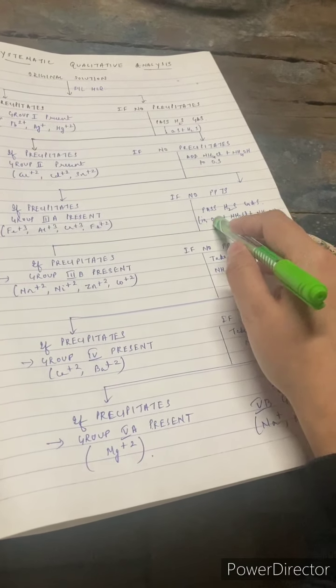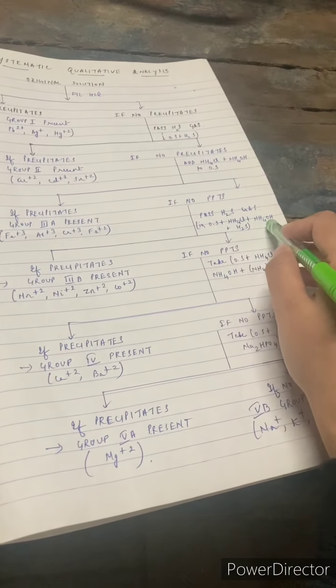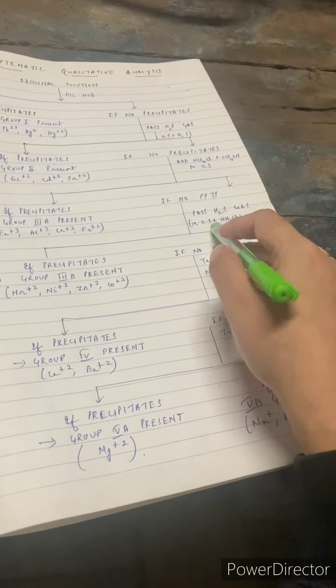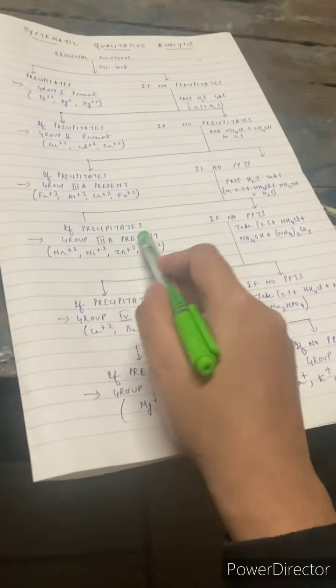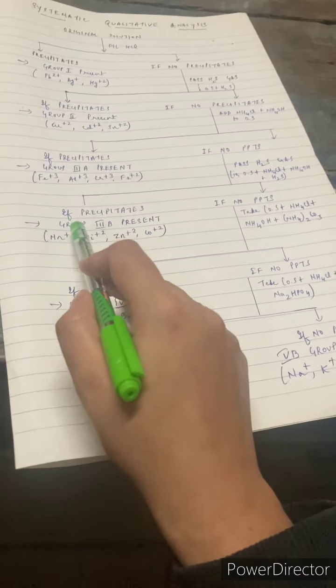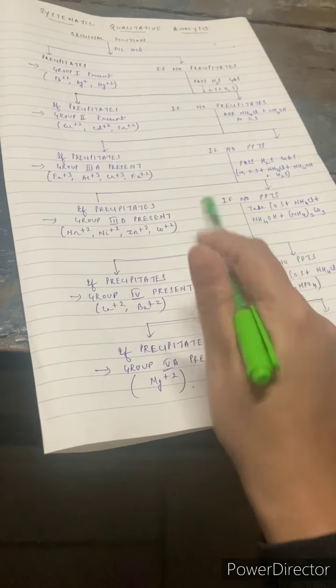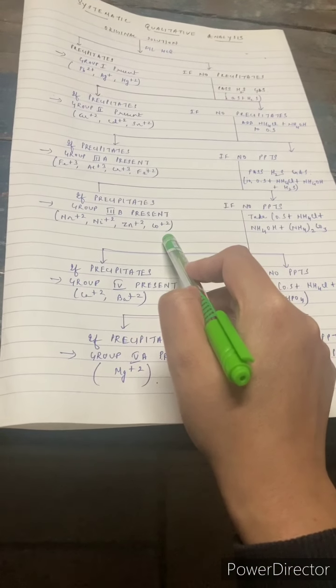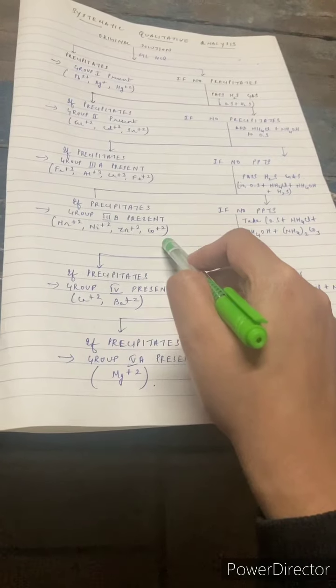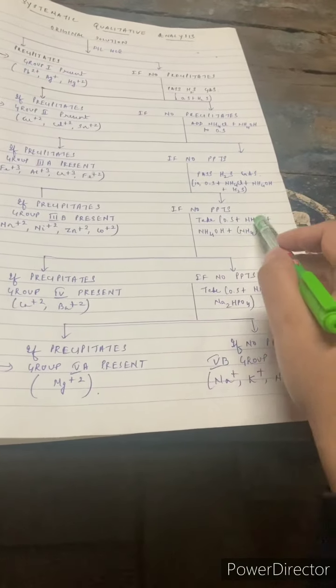I'll take OS plus NH4Cl plus NH4OH plus H2S, and again I'll check if precipitates are coming or not. If precipitates are coming, I'll say that group 3B is present. In group 3B, we again have these 4 metal cations. If precipitates are not there, I'll move to my next step.